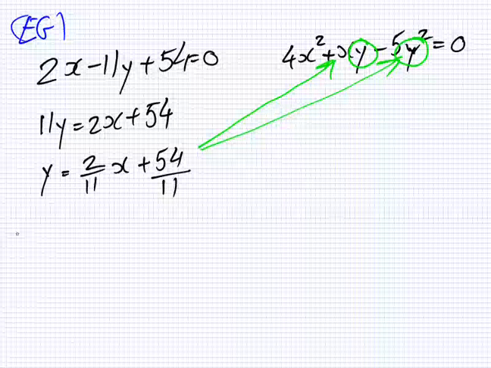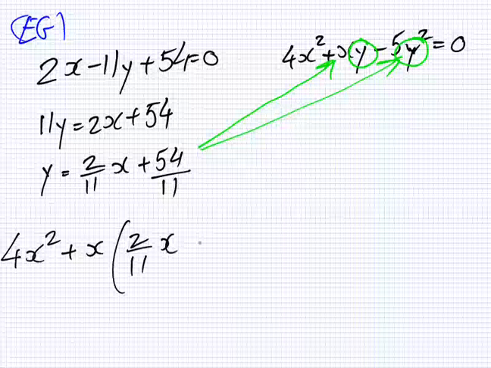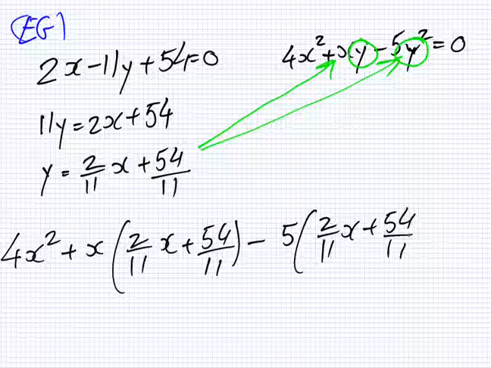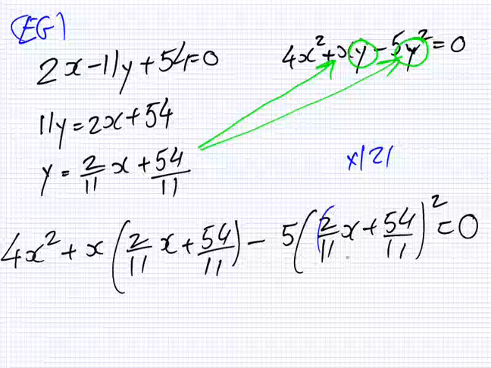For these questions, the graph is not necessary, so you don't need the graph for these ones. 2x minus 11y plus 54 equals 0, and 4x squared plus xy minus 5y squared equals 0. The reason the graph is not necessary is because this graph here is not on the course.